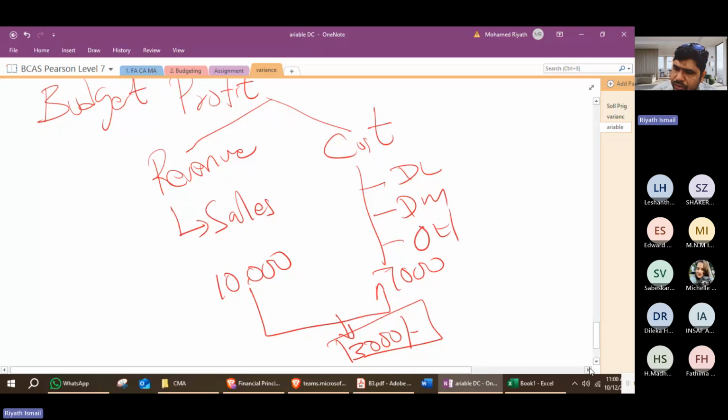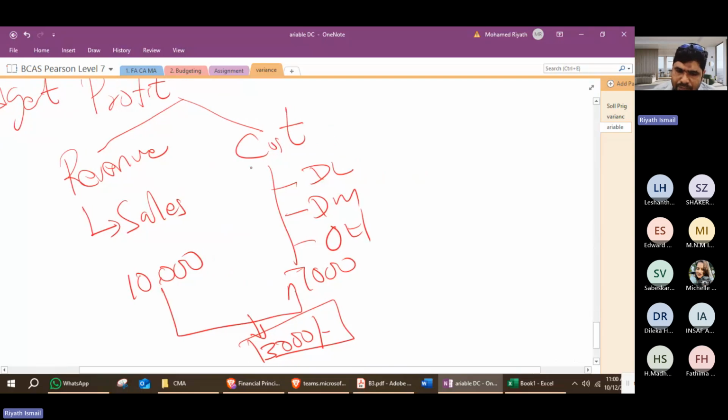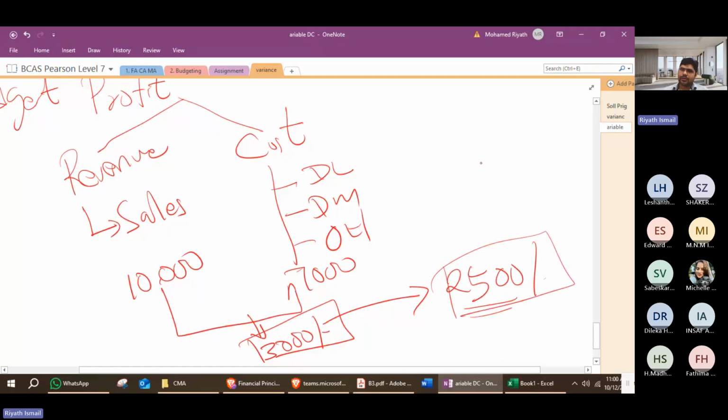But when you do the operation, there will be a difference. You estimated 3,000 profit, but in the actual scenario, at the end of the month or the end of the year, you end up with 2,500 profit. As an accountant, this is the actual profit.